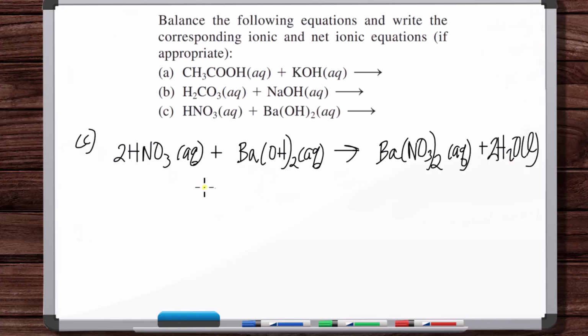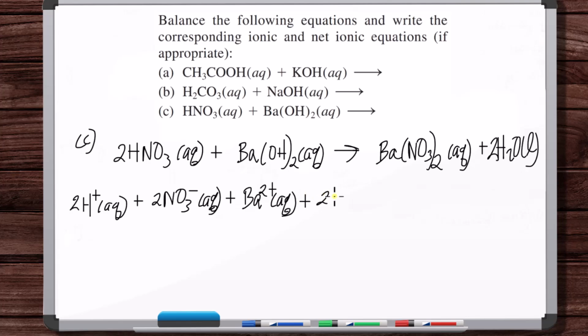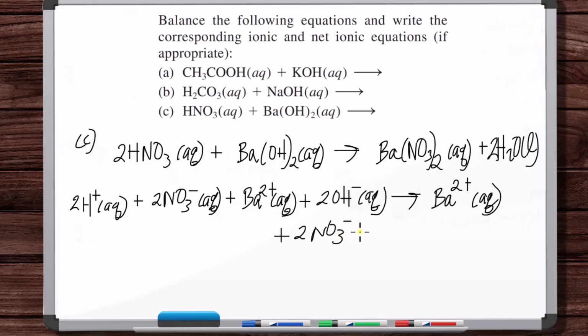So yeah, that's balanced. Okay, so now the ionic equation we've got, so 2H plus, 2NO3 minus, then Ba2 plus, and then 2OH minus. Okay, now Ba2 plus, and then 2NO3 minus, and then 2H2O.